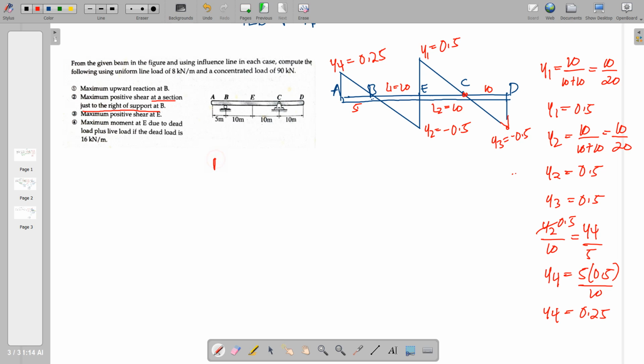Okay, so the unknown is the maximum positive shear at E. We just place your concentrated load on the maximum ordinate on the positive side, that is 0.5.